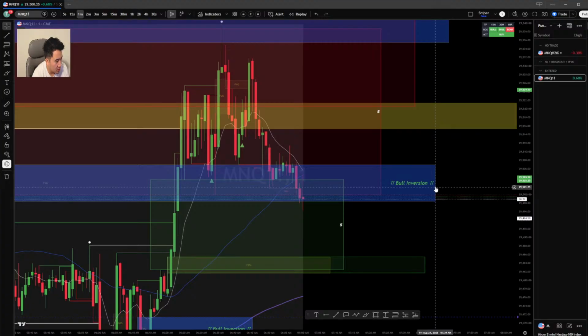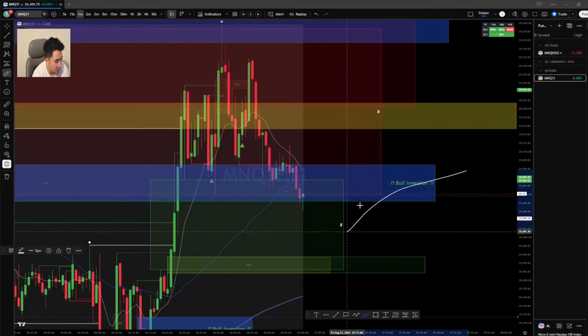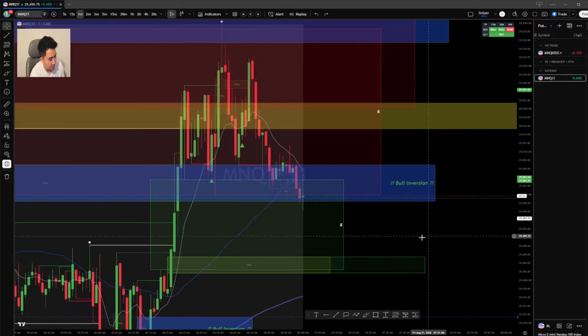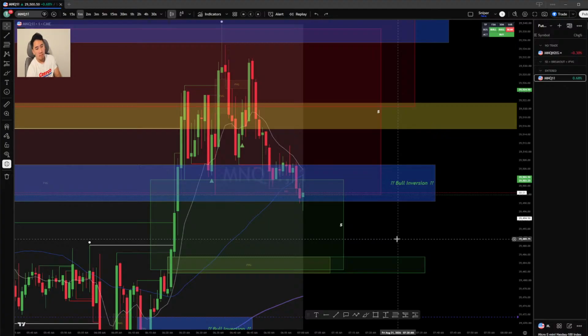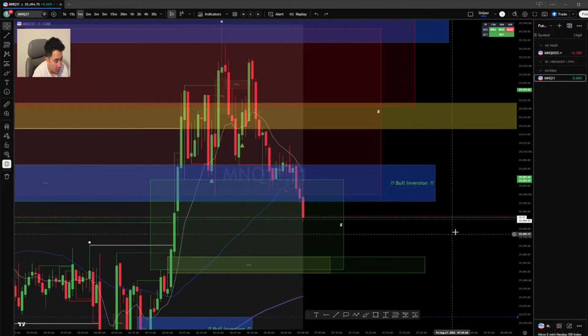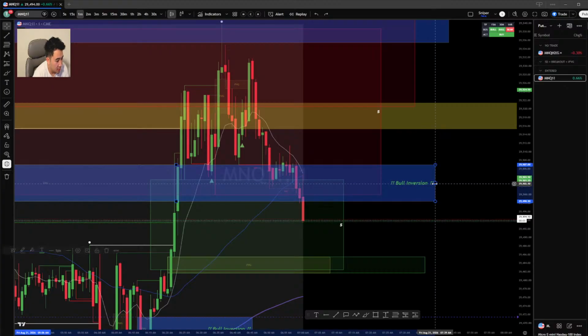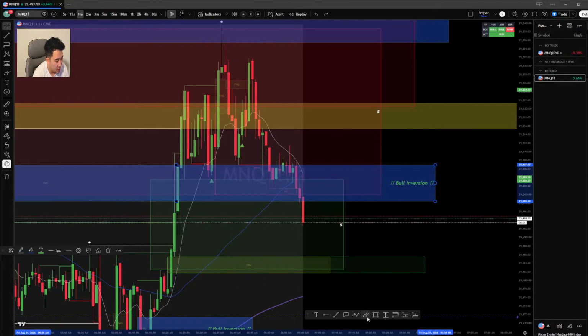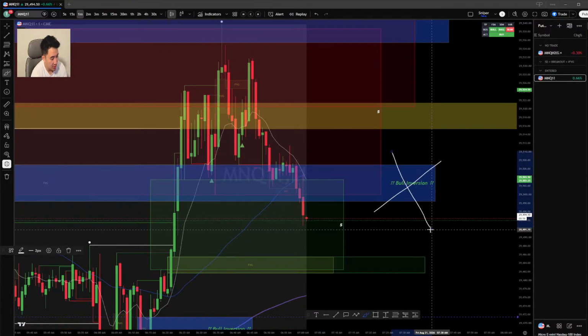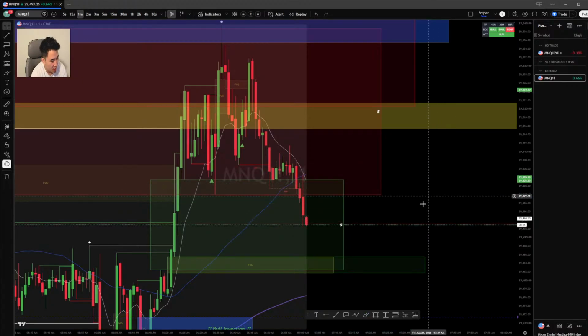If it starts closing below this bullish inversion zone, then this zone is disrespected. Right, yeah, strong sell pressure. Most likely it's going to close below it. So we delete this zone here. This bullish inversion, no longer good.